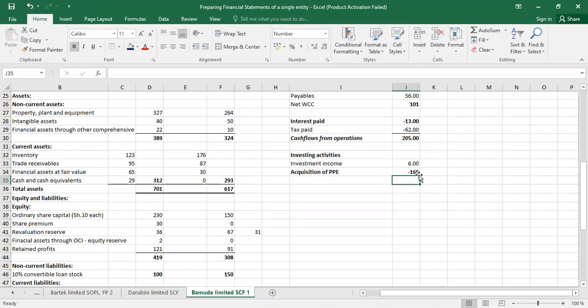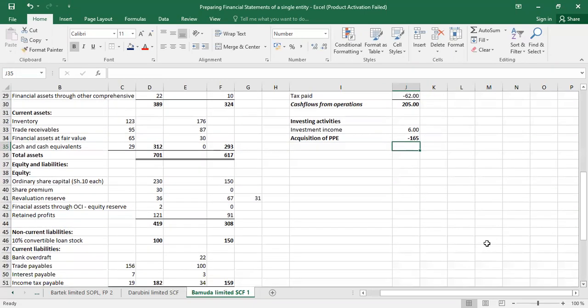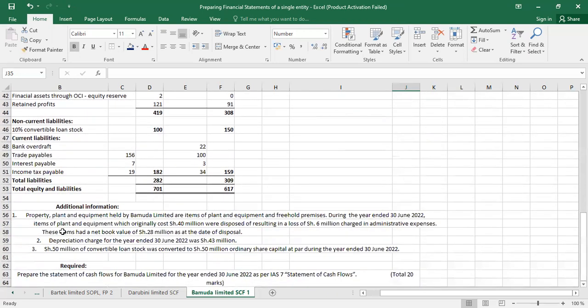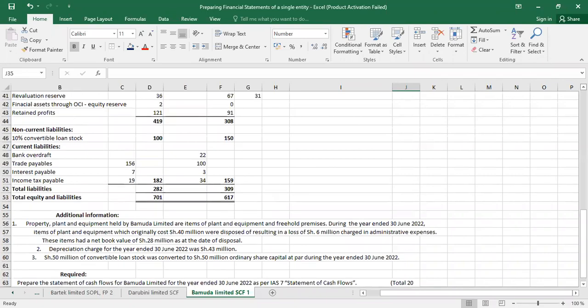Isn't it? Then remember, we're still under additional information. Number one, we have not finished with it. You see, so this item had a net book value of 28 million, isn't it? And it reported a loss of 6 million.